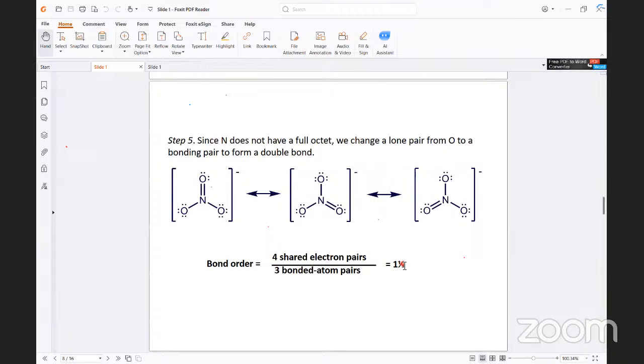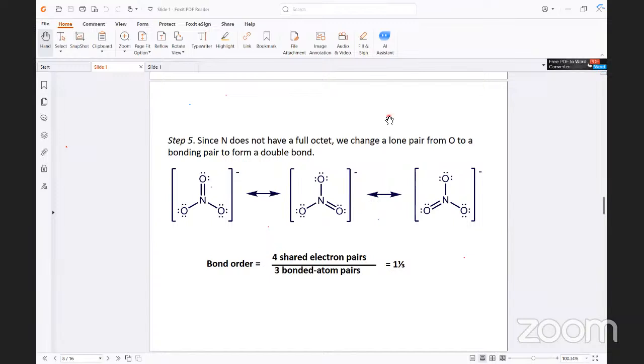If the bond strength of 1 is 12, then the bond strength of 1 1/3 will be 16. 1/3 of 12 is 4, added to 12. So you have that as your molecule as presented in the diagram.